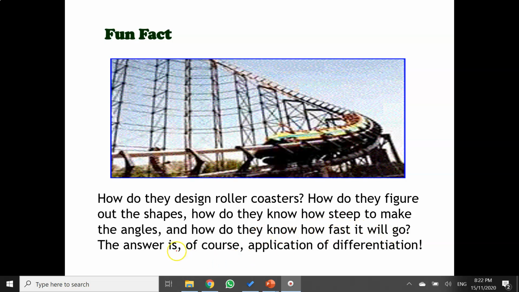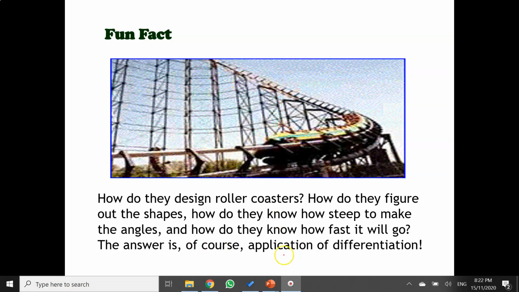So the answer is, of course, they are using application of differentiation. All these angles, how fast it will go, how steep, this roller coaster line, right?